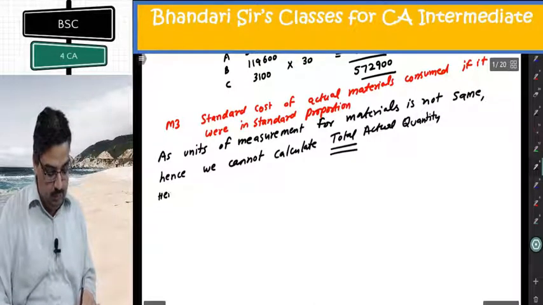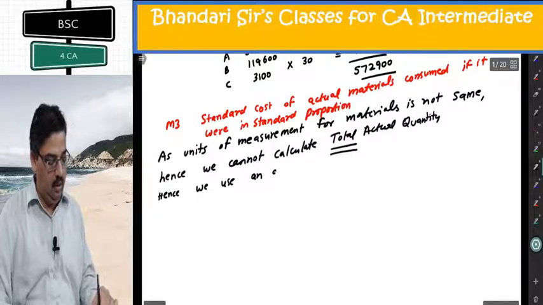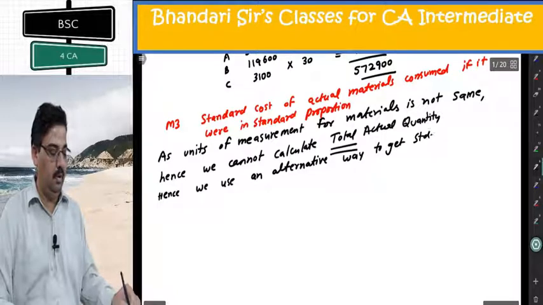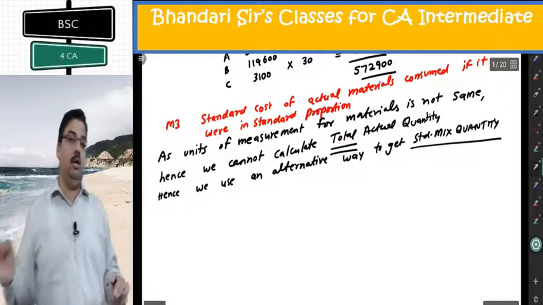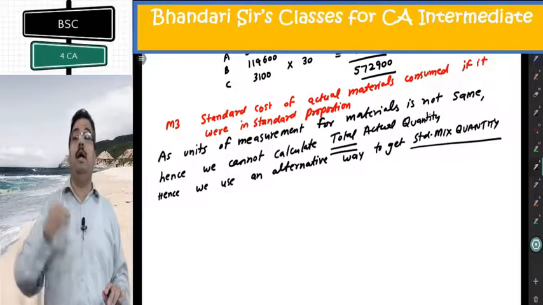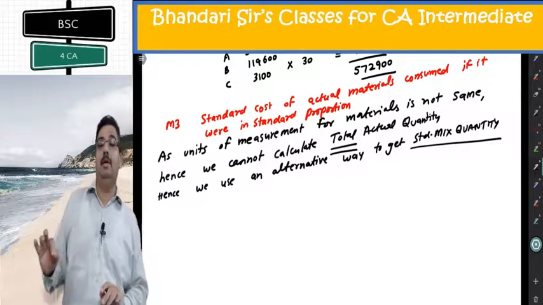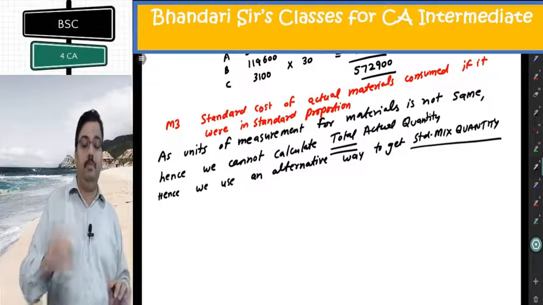Hence, we use an alternative way to get standard mix quantity. Remember, this alternative will not be used if we could get total actual quantity. It is being used because we could not get the total actual quantity due to difference in units of measurement.